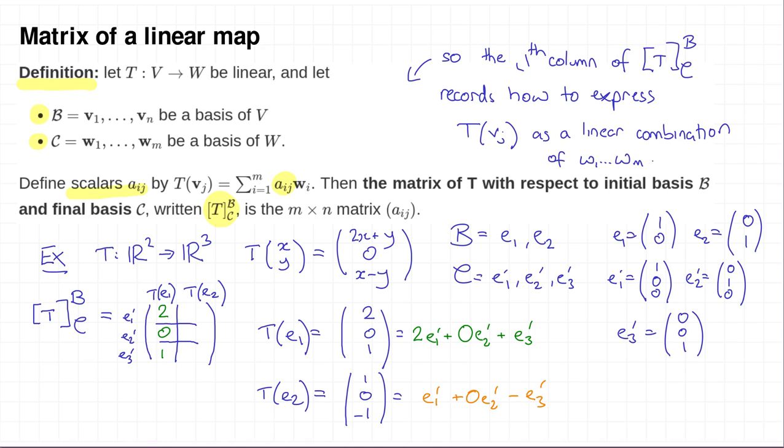And that means the entries in my second column of the matrix will be 1, 0, -1. The coefficients of the vectors e1', e2', e3', which made up the basis C of the codomain of our linear map. So there's our first example of a matrix of a linear map with respect to two different bases.